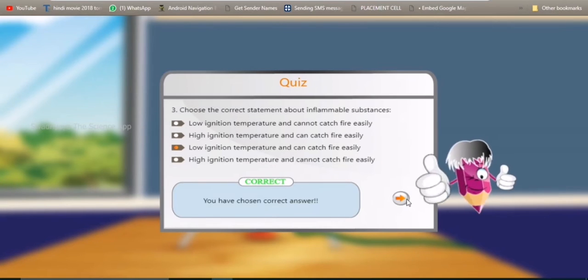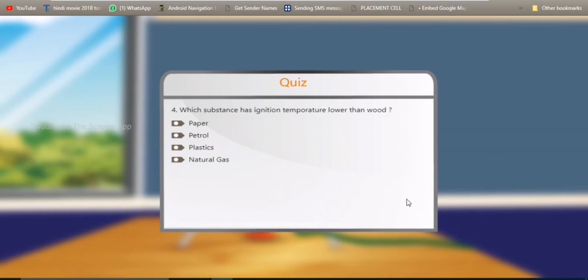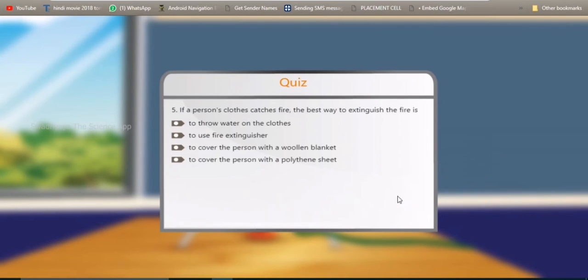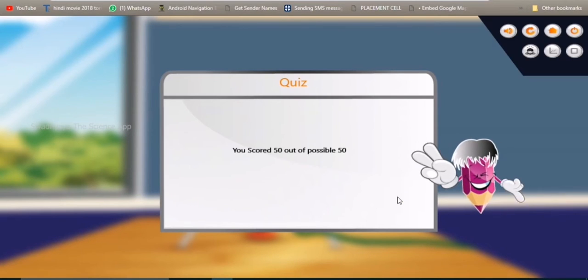Yes, it's right. Which substance has an ignition temperature lower than wood? It's petrol. Yes, it's right. If a person's clothes catch fire, the best way to extinguish the fire, as everyone knows, is to cover the person with a woolen blanket. Yes, it's right. So here I got 50 out of 50.